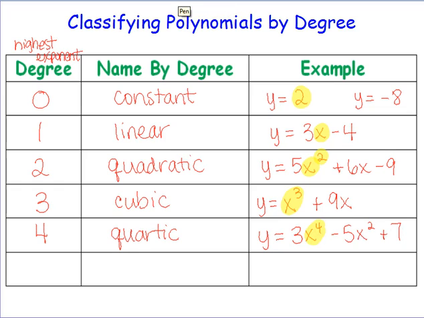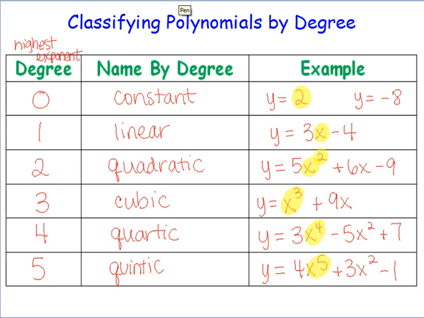And finally, the highest one we're going to talk about is 5, which is quintic, like quintuplets. So that means you have to have an x to the 5th. So y equals 4x to the 5th plus 3x squared minus 1. I don't care what else you write down as long as this one is included.